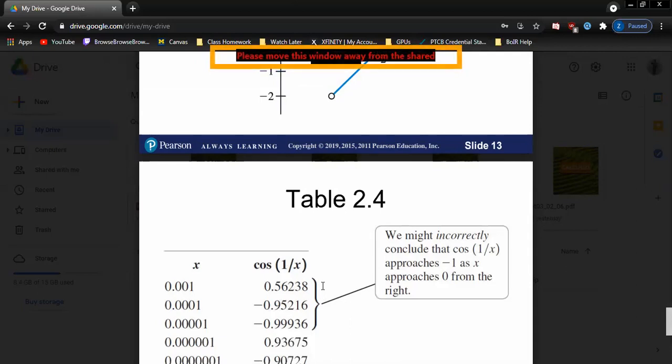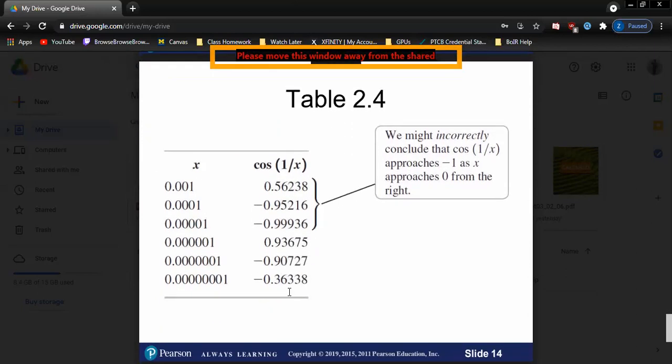So we might conclude after doing these three steps that this is taking us to -1. But hold on, the fourth one is a positive value. When you approach more towards 0, you will see the functional value is actually not taking us to -1.